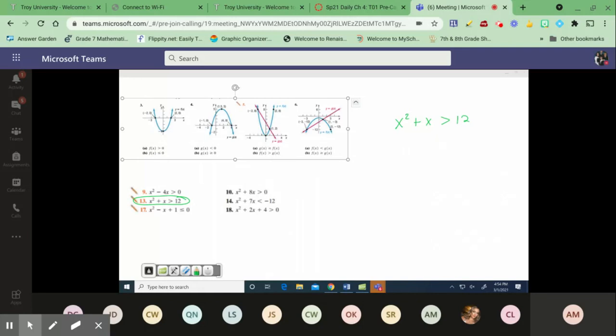Oh, we should have gone to 10, I'm sorry. All right, what am I going to do first on this one? Subtract 12. Okay, so then I've got x squared plus 1x minus 12 is greater than 0.